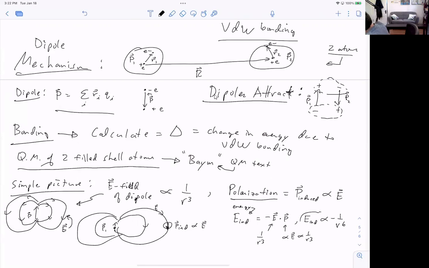And that's it. That's energy, not electric field, energy. And so that's a reduction of energy.